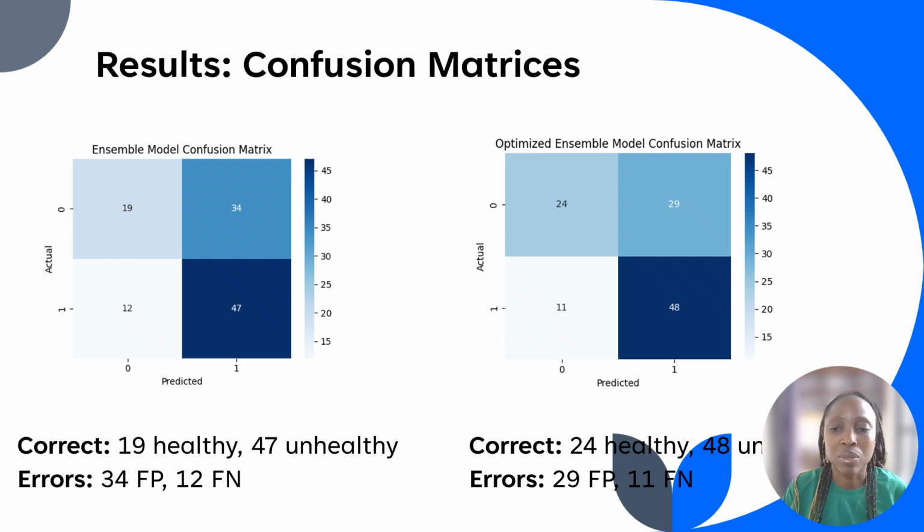This is the result that was gotten from the training. These are the confusion matrices. The baseline ensemble model is on the left, and the optimized model is on the right.